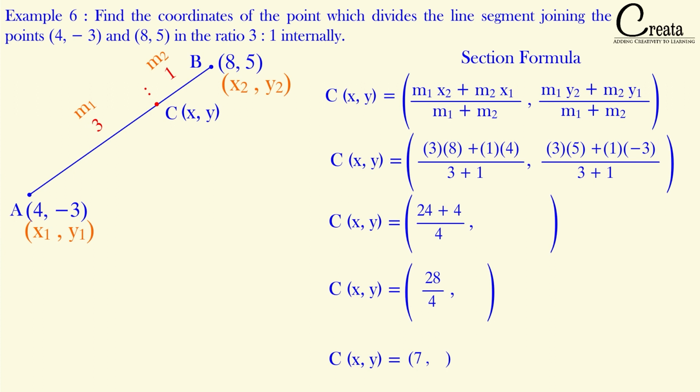We know y1, y2, m1, m2. Let's put the values. On solving, we got the value of y as 3. That is the y coordinate of point C. So we got the coordinate of point C as 7, 3. That is our answer. Let's move to example number 7.